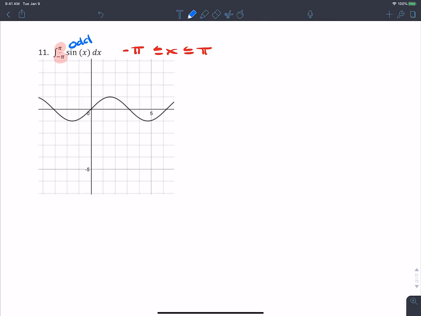Now, here's the issue, though. If we look at the details, they want us to integrate between negative pi and positive pi. So we already know, this is where our pi value is going to be. x is pi. x is minus pi.